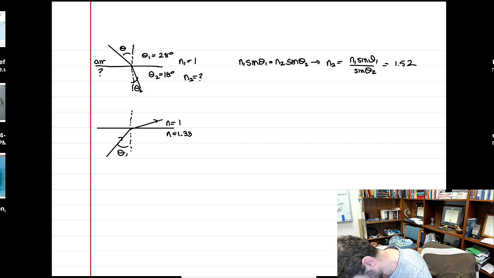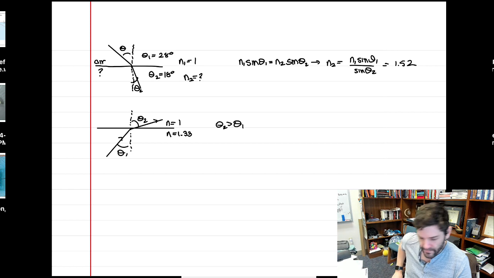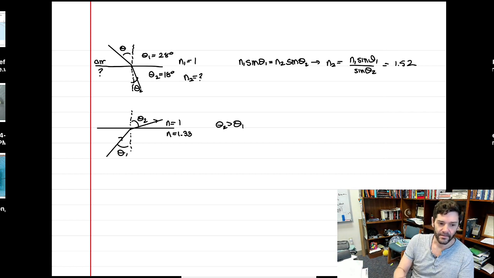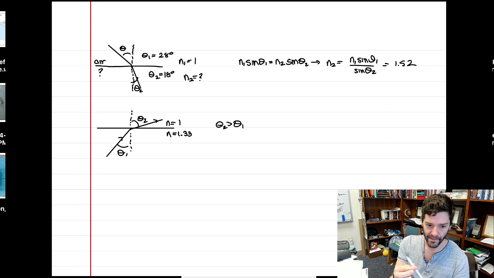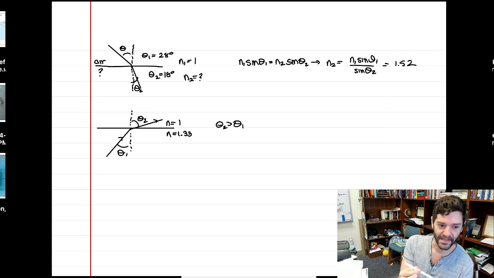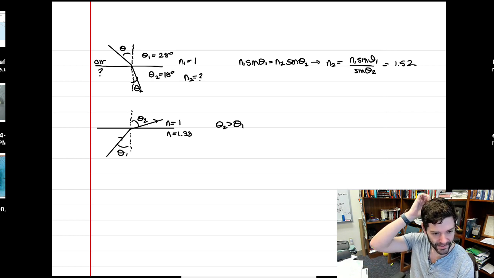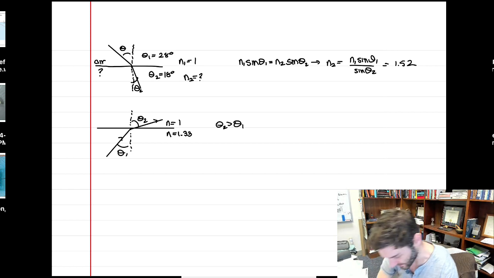Here's theta 1, and here's theta 2, with theta 2 greater than theta 1. You might wonder, is it the case that you can adjust the angles, that you imagine increasing theta 1. As you increase theta 1, theta 2 increases. And if theta 2 is always bigger than theta 1, eventually you might imagine that theta 2 will become 90 degrees.